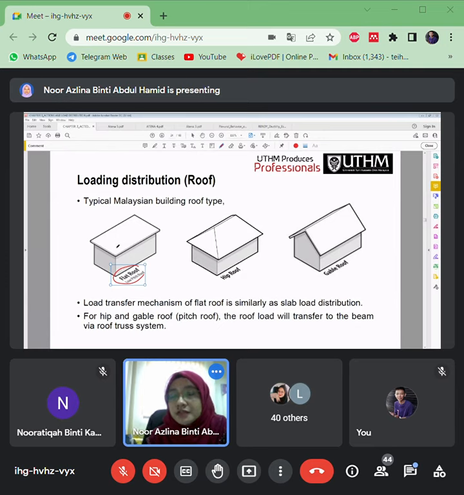That means the load transfers to the roof beams similar to slab distribution. Let's say this is the beam along the four sides that will support the roof. So you can just consider this flat roof as a slab.